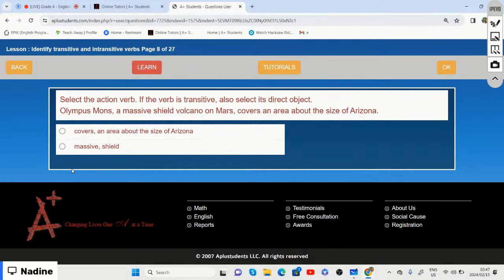So we need to select the action verb, and if the verb is transitive, then we also select the direct object. Is it option one, which is covers an area about the size of Arizona, or is it massive shield, which is option two?